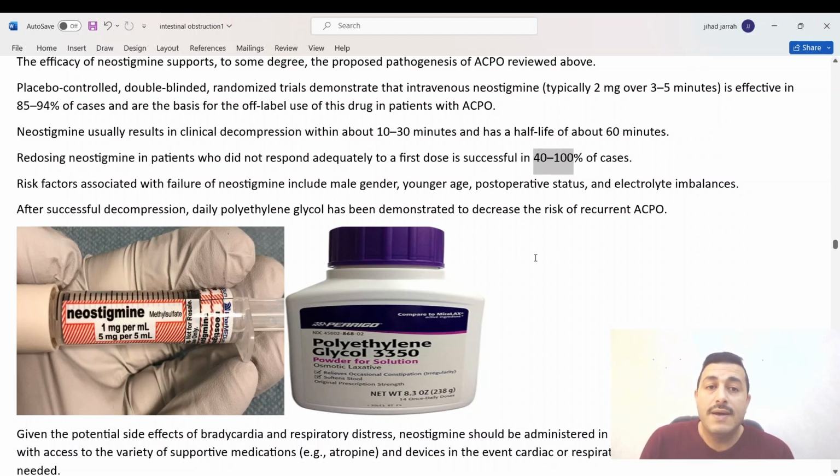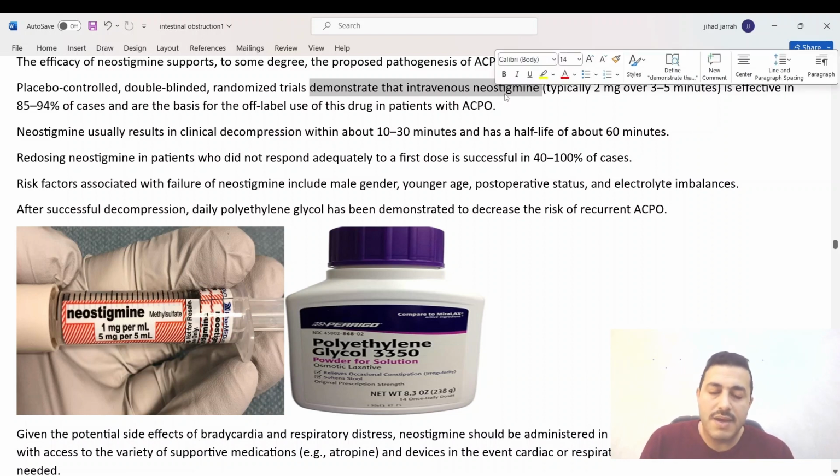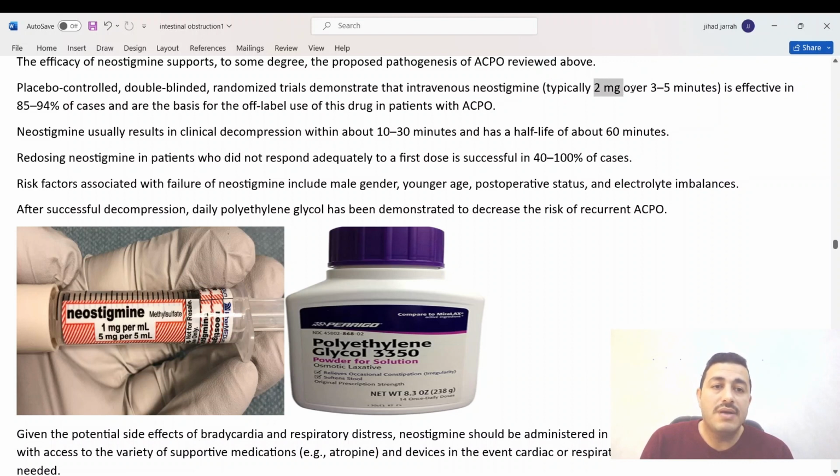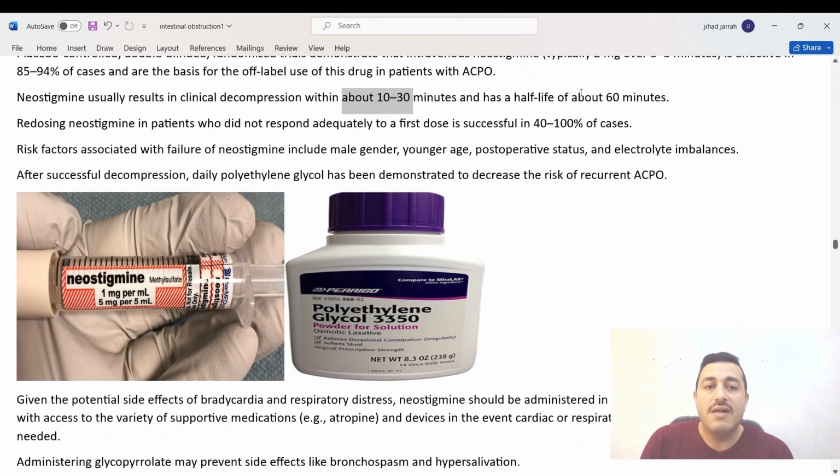So redosing is considerable in failed situations. I want you here to see that we give it intravenously. Some can be given subcutaneously, we will see, and typically it's 2 milligrams over 3 to 5 minutes. The clinical response will be after 10 minutes, and the half-life is about 60 minutes.